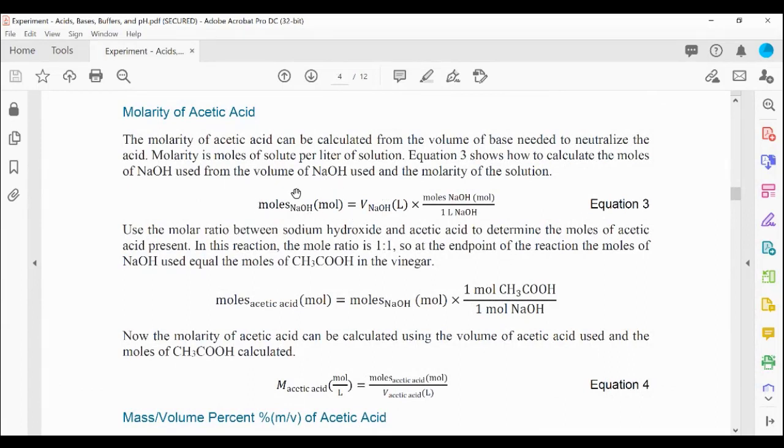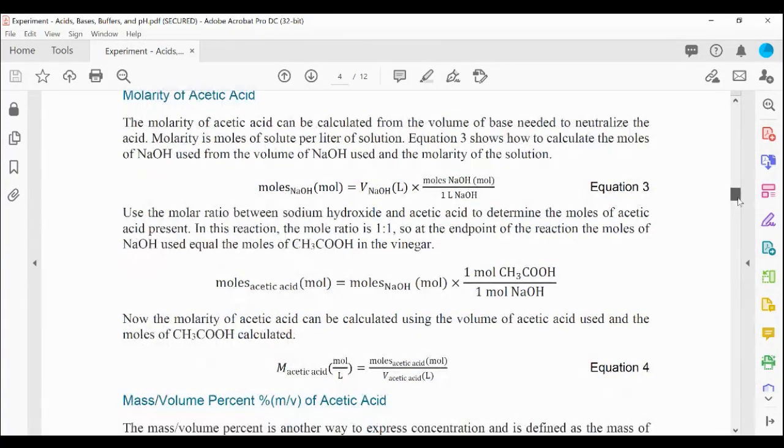Here is the volume that I used in the titration. Usually it's final volume minus initial volume, multiplied by the number of moles of sodium hydroxide per liter, which is the concentration, the molarity of sodium hydroxide.